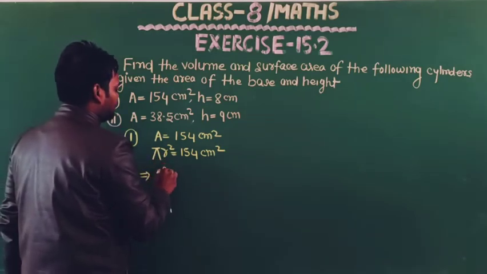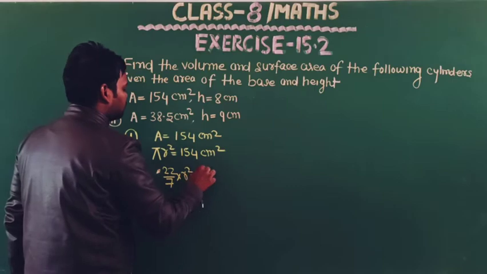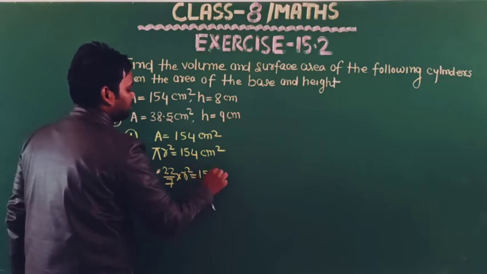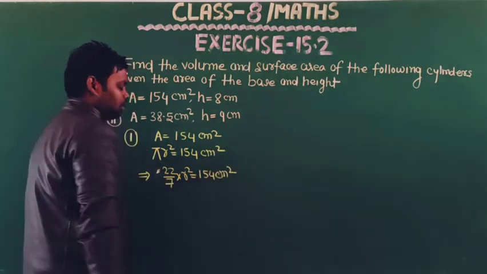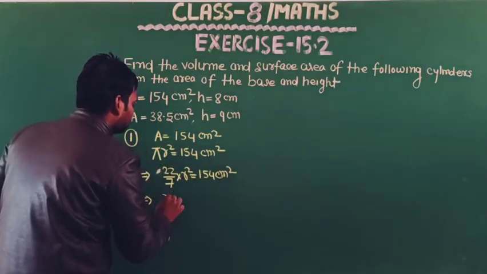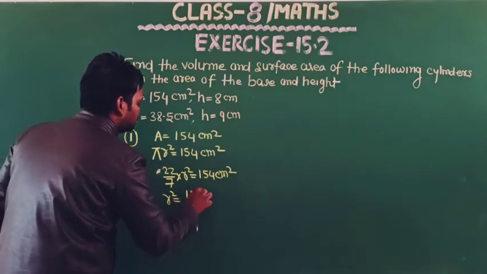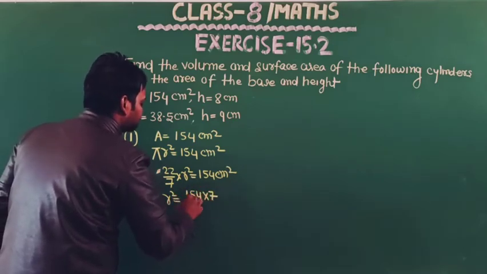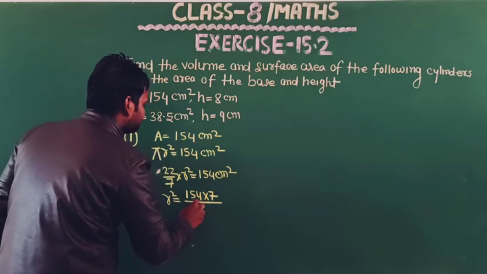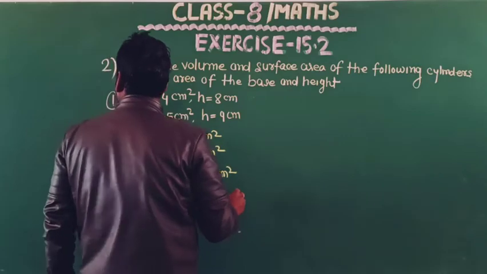Substituting the value of pi as 22 by 7, r square equals 154 into 7 by 22 centimeter square.